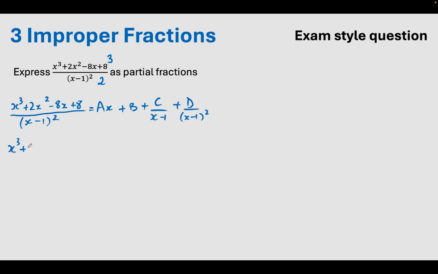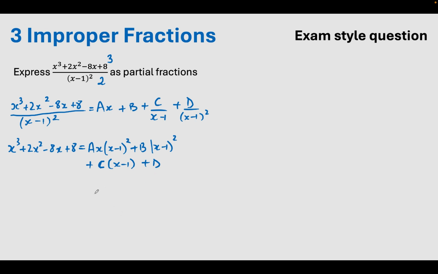And again, just take care when you multiply up by this. It's going to be the place where you make mistakes if you rush this. Ax minus 1 squared plus bx minus 1 squared plus c x minus 1 plus d. Okay?